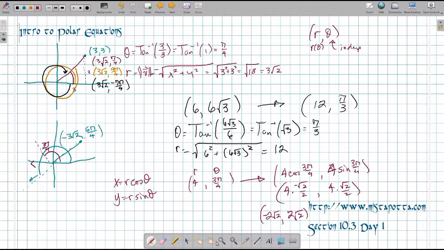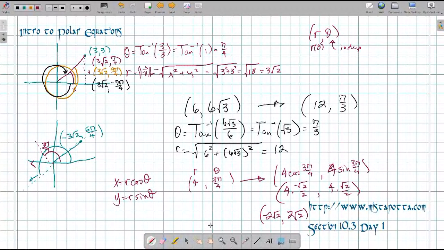So I can go quickly back and forth between polar coordinates and Cartesian coordinates, or xy coordinates, by using these identities that we talked about back in our previous lesson.